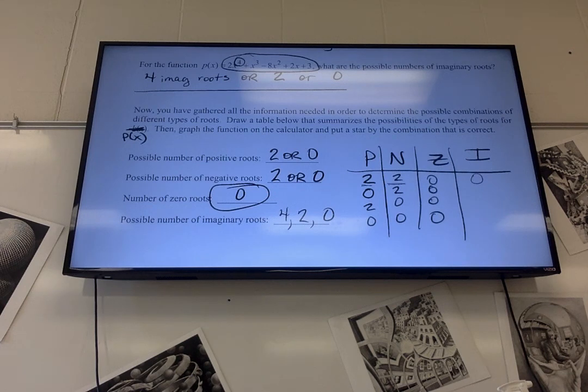If you have just 2 negatives, then 2 of them had to be positive. If we had just 2 positives, then 2 of them had to be, I said positive, didn't I? Imaginary. And then what about the last one? 4. Yeah, if you have no positives and no negatives, then all 4 of them must be imaginary.